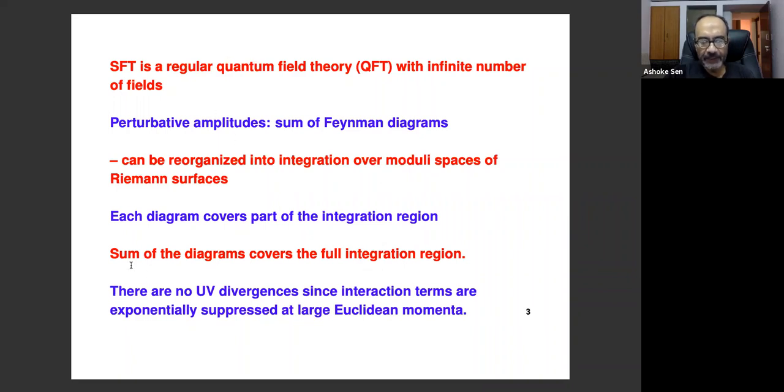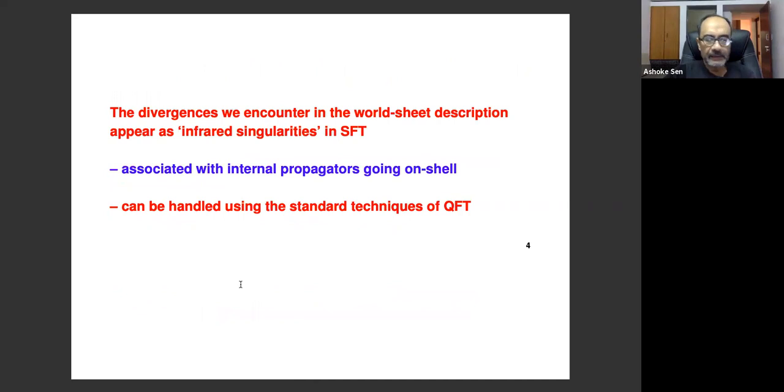In string field theory, there are no ultraviolet divergences because the interaction terms are exponentially suppressed at large Euclidean momenta, so the momentum integrals are all finite. Similarly, the sum over intermediate states, which are infinite in number, is also finite because of this exponential suppression. The divergences that we encounter in the worldsheet description appear as infrared singularities in string field theory, associated with the internal propagators going on shell.